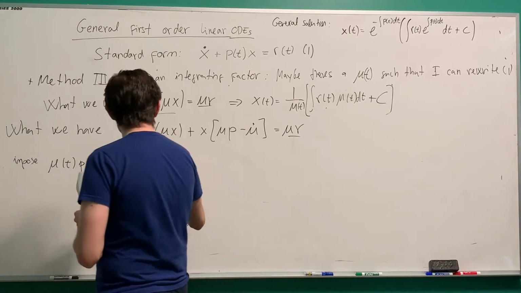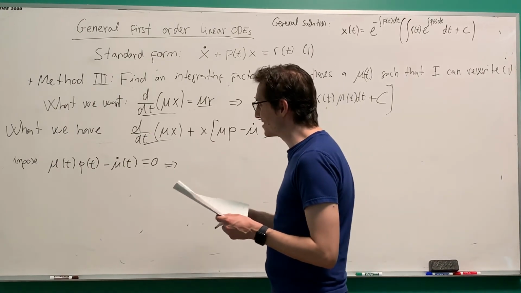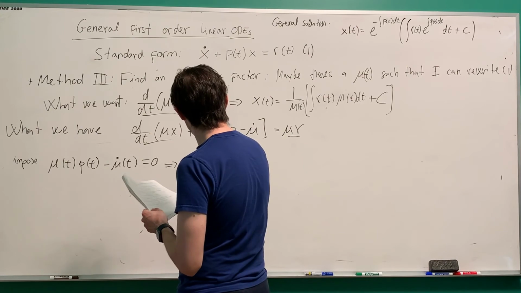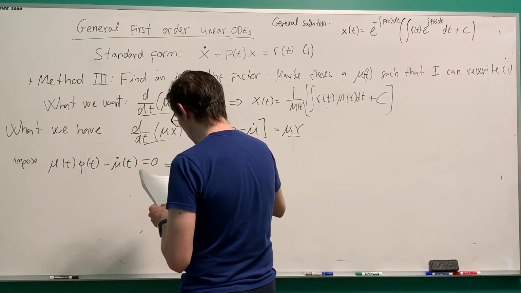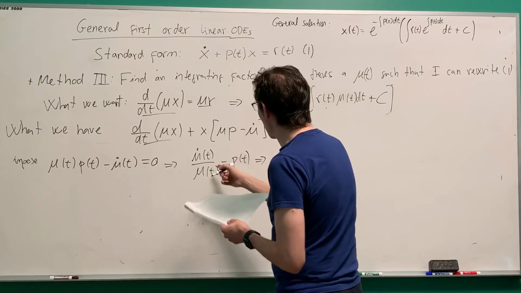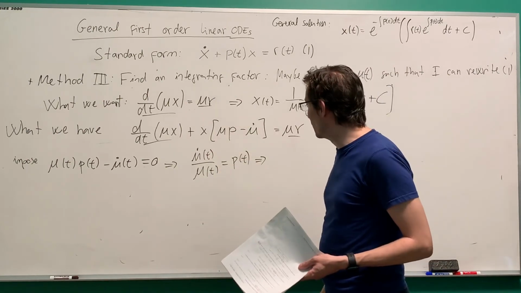If we impose that, this equation is of a form that we will recognize. It's a separable equation, right? So we get that mu dot of t divided by mu of t is equal to p of t. So again, we integrate. This is the log integral, remember: the integral of u dot divided by u is the log of u.